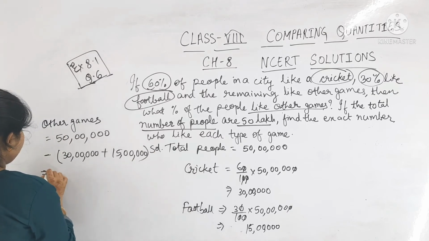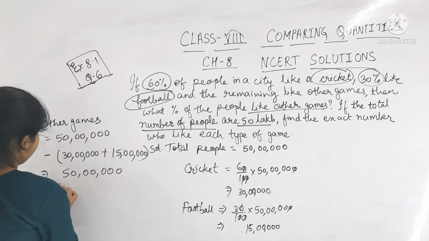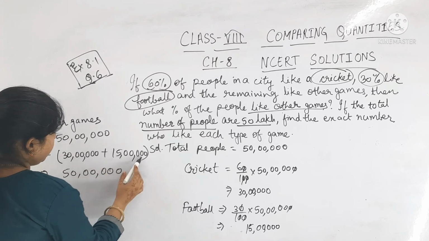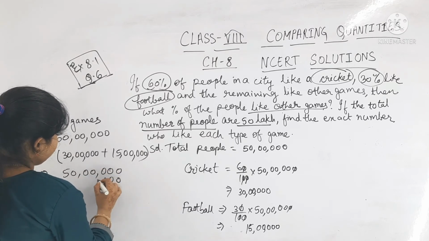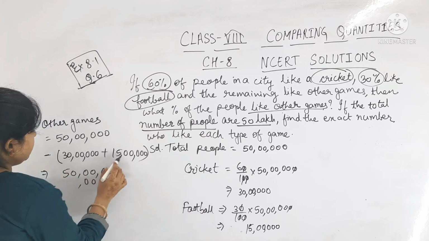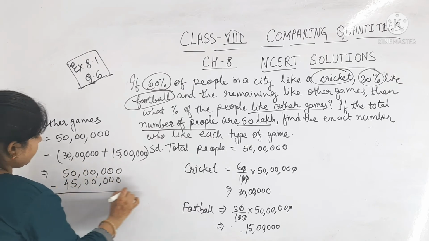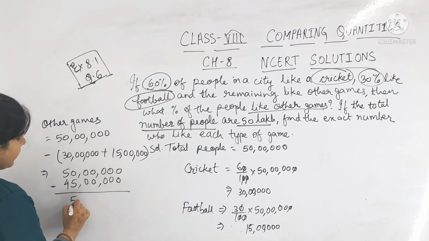So 50 lakh minus 45 lakh. Here 5 zeros are there, 3 plus 1 is 4, so 45 lakh. So here what I get is 5 lakh.